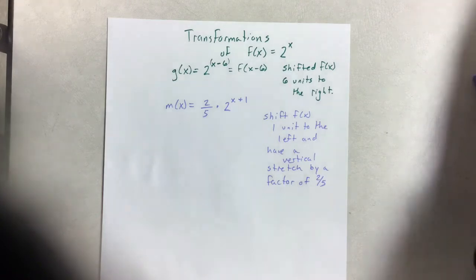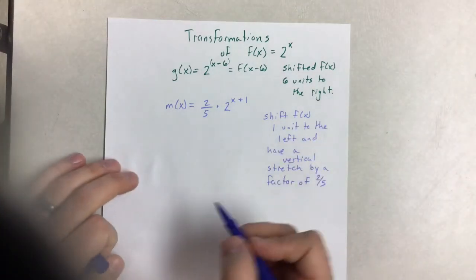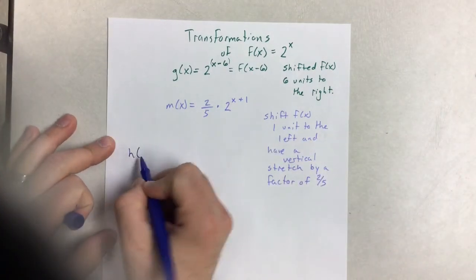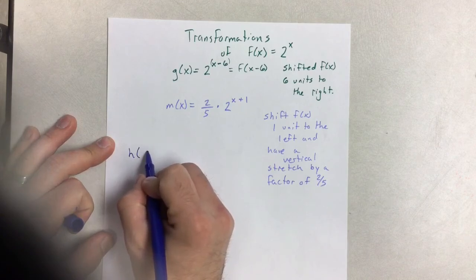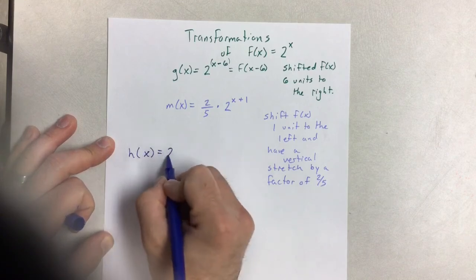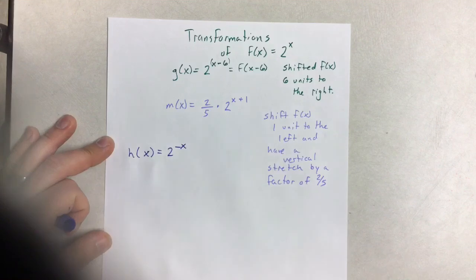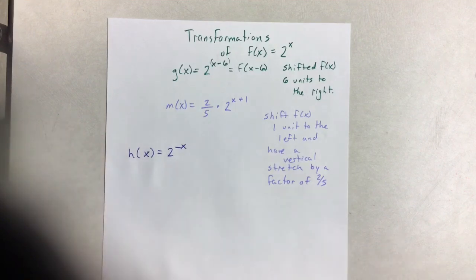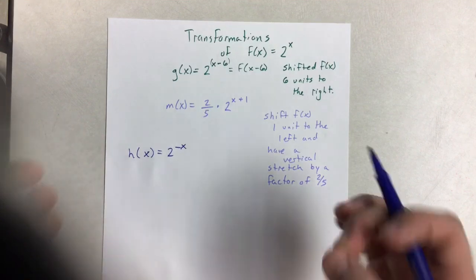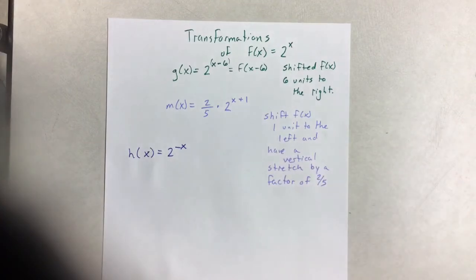And to end this video, again, another short video, let's say we have this function h of x, 2 to the power of negative x. You might want to say that the negative x results in a reflection over the x-axis. I want you to be careful.